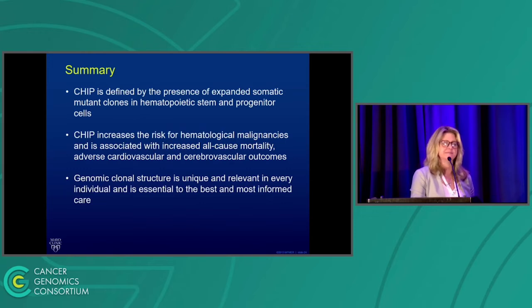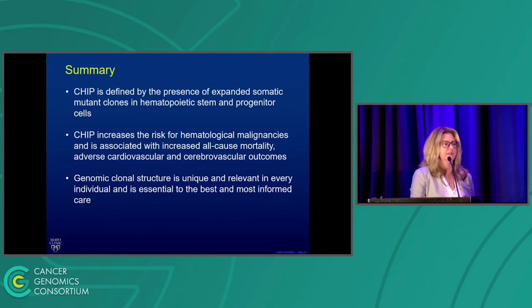So ladies and gentlemen, in summary, clonal hematopoiesis of indeterminate potential is very important. It's defined by expanded somatic mutant clones in the stem and progenitor cells. It increases risk for hematologic malignancies and is also associated with all-cause mortality and cerebrovascular and cardiovascular outcomes.